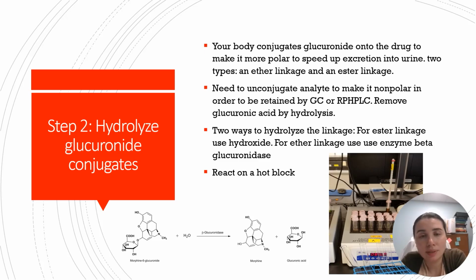And we remove this glucuronic acid by a hydrolysis step. You can hydrolyze the linkage either with hydroxide, especially for ester linkages, or with beta-glucuronidase for ether linkages. In this image here, I am showing you how we react with glucuronidase on a hot block. There are glucuronidases out there that work at room temperature as well.